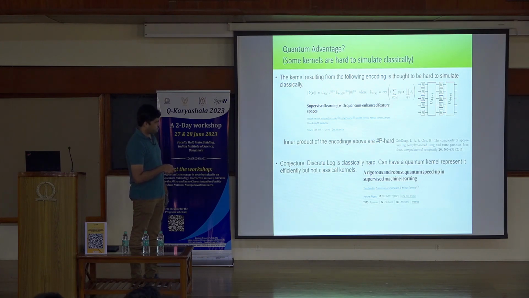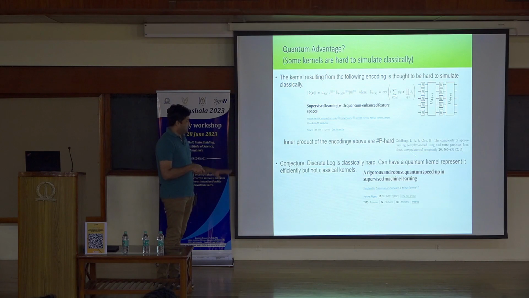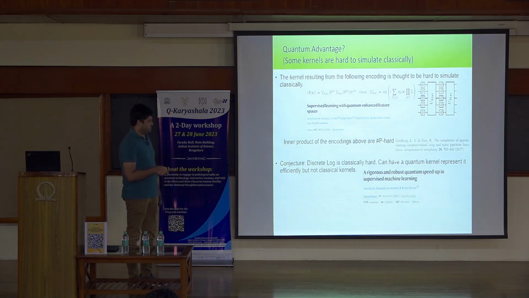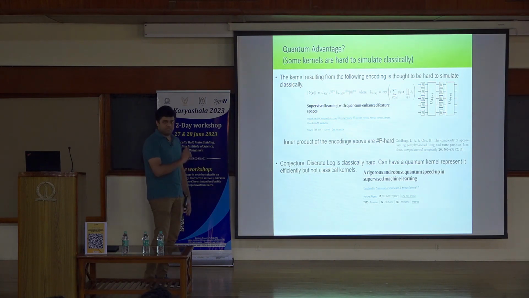I don't know the details of this complexity class, but classically it is a hard thing to get. And one more thing is discrete log is also classically hard, right? That is known. So we can have a quantum kernel to represent it efficiently, but not classical kernels. So using that particular example, this paper was able to show a rigorous and robust speedup in the supervised quantum setting. So there is some purpose in exploring along this direction.